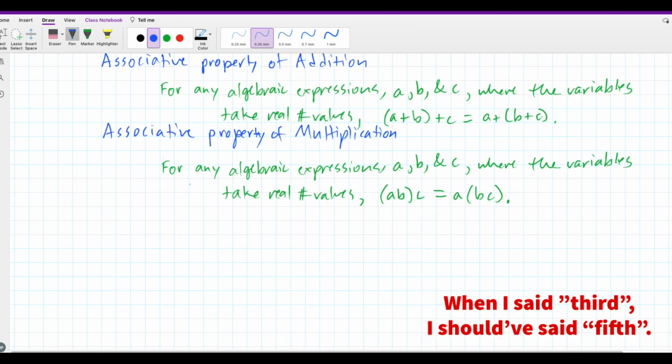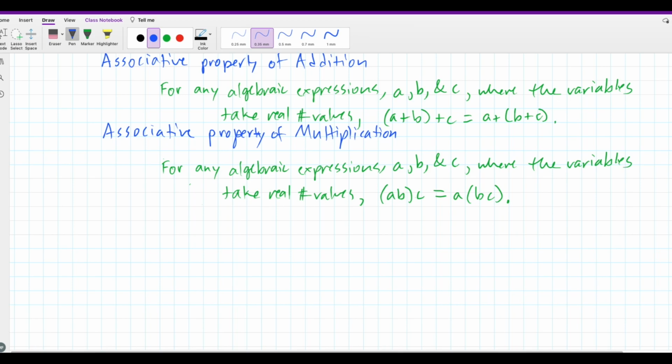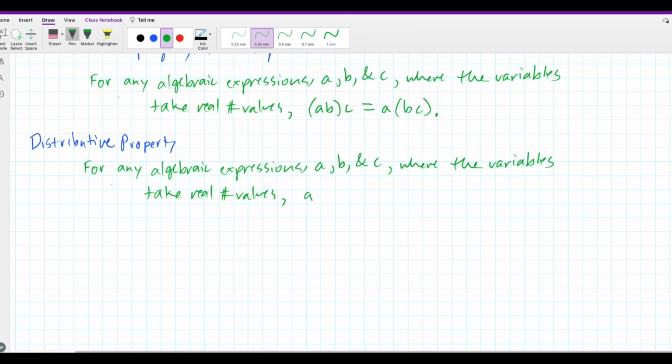There's a third property that we care about quite a bit that is called the distributive property. If you take the product of a times the sum of b and c, that's the same thing as the sum of the products ab plus ac.